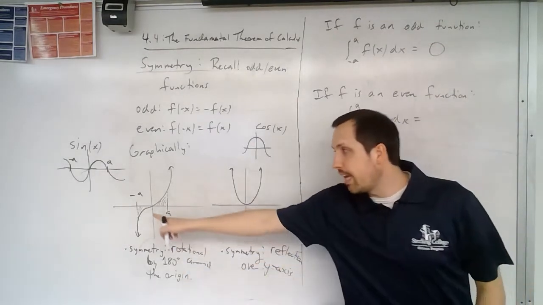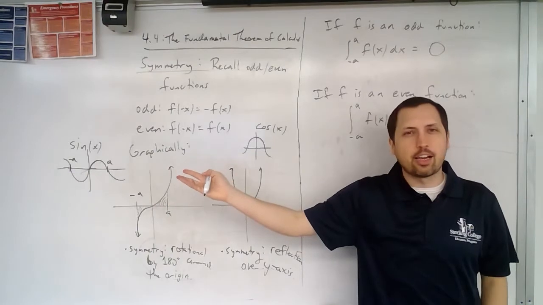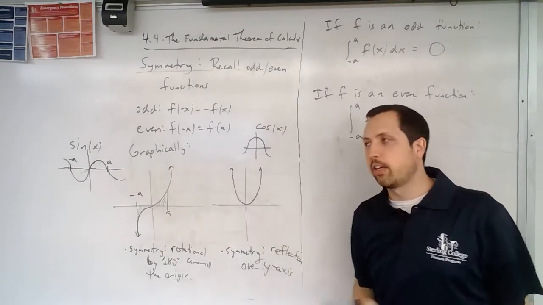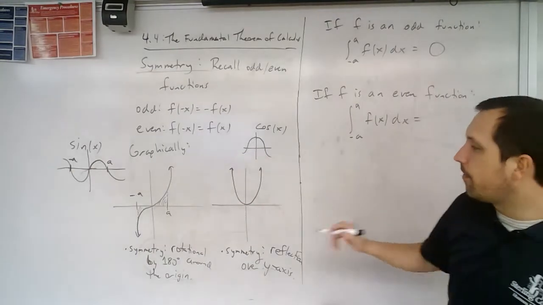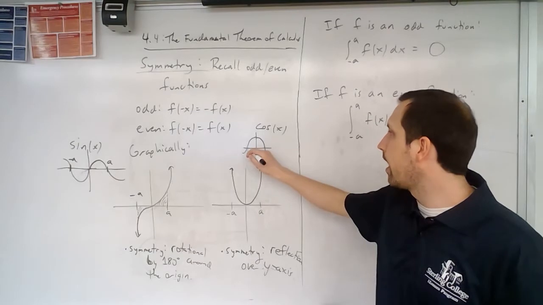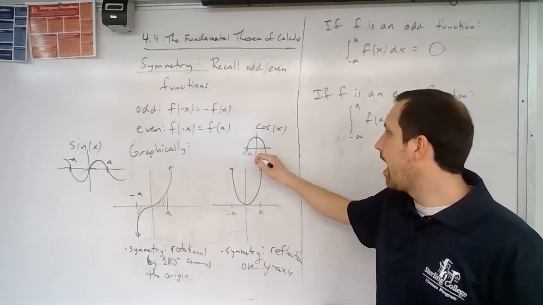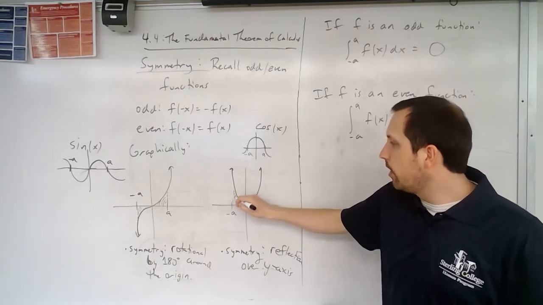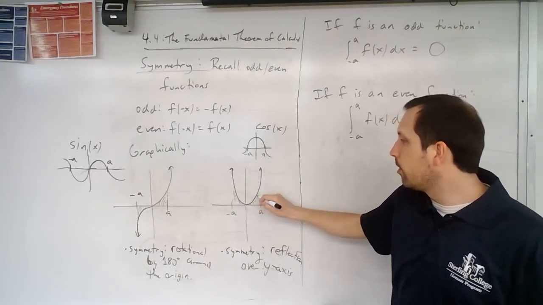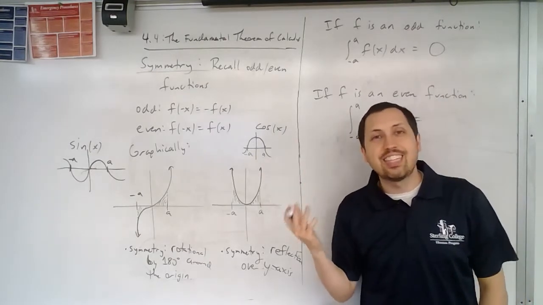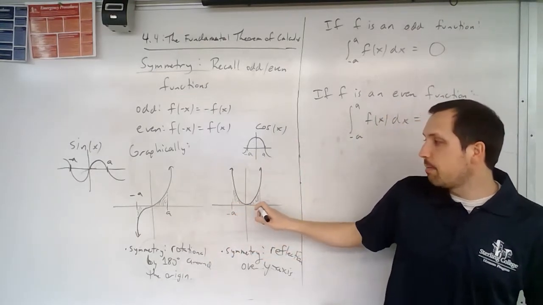If we went from, say, negative 1 to 4, then that's not going to be 0. It has to go the same distance in both the left and the right direction. For an even function, if I go from negative a to a, this area is the same as this area.